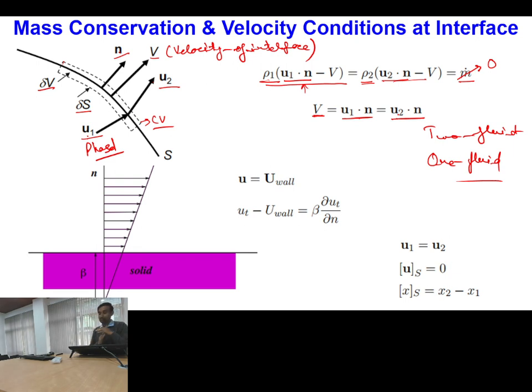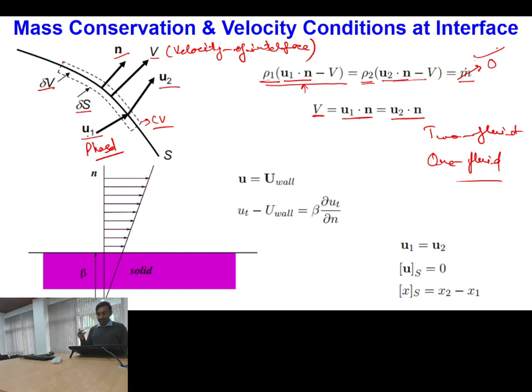Right now I am talking about velocity in the normal direction. But this normal velocity will be equal only when my mass flow rate is 0. It means there is no evaporation, no condensation, no boiling, no reaction. Is the point clear? So this is the more generic formulation.